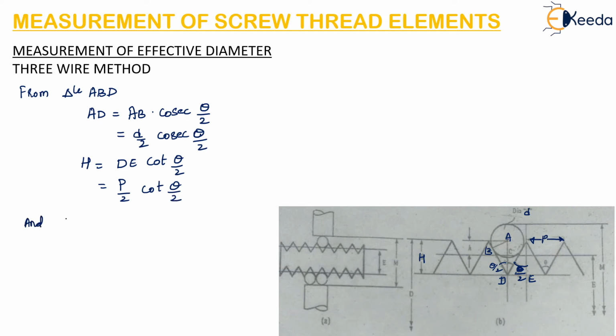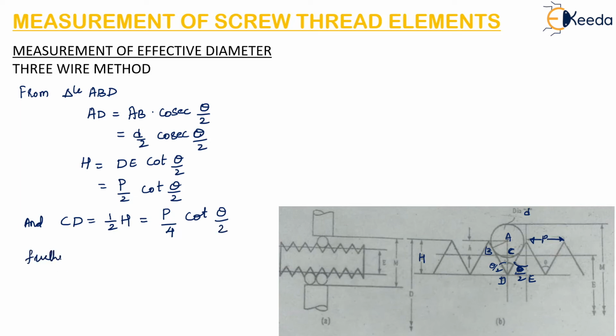And CD can be written as, so where is CD? This is C and this is D. So the value of CD can be written as half of H. This is the H value, so half of H will give us the value of CD. So CD can be written as P by 4 cot of theta by 2.